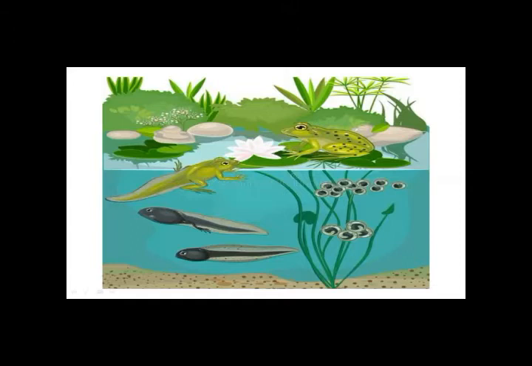Grown up means this is an adult frog. Adult frog means this is a mama frog. Now it can also release eggs, so this same life cycle can continue. Okay, so a cycle means something that happens over and over again. Okay, got it?